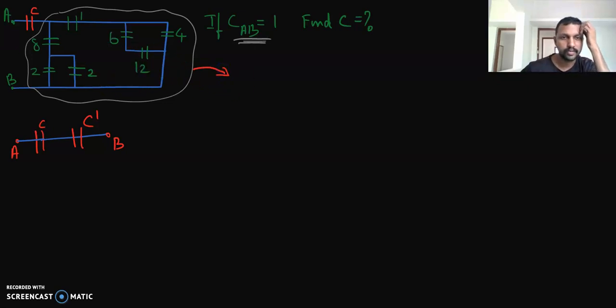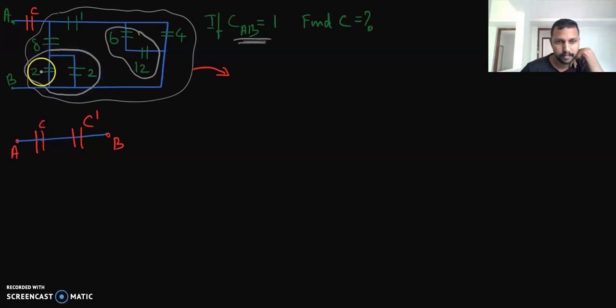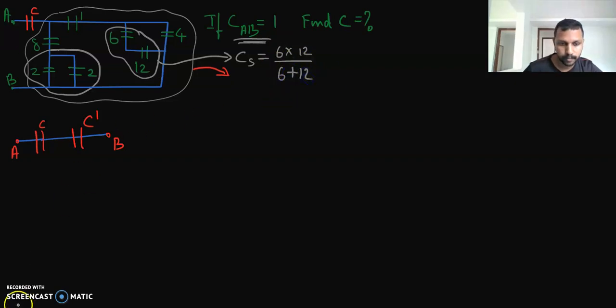In order to find C dash, you can clearly see these two are in parallel, and these two are in series. These two 2 farad capacitors are in parallel, and this 6 and 12 are in series. For series combination, CS is equal to C1 C2 divided by C1 plus C2, that is 6 into 12 divided by 6 plus 12.